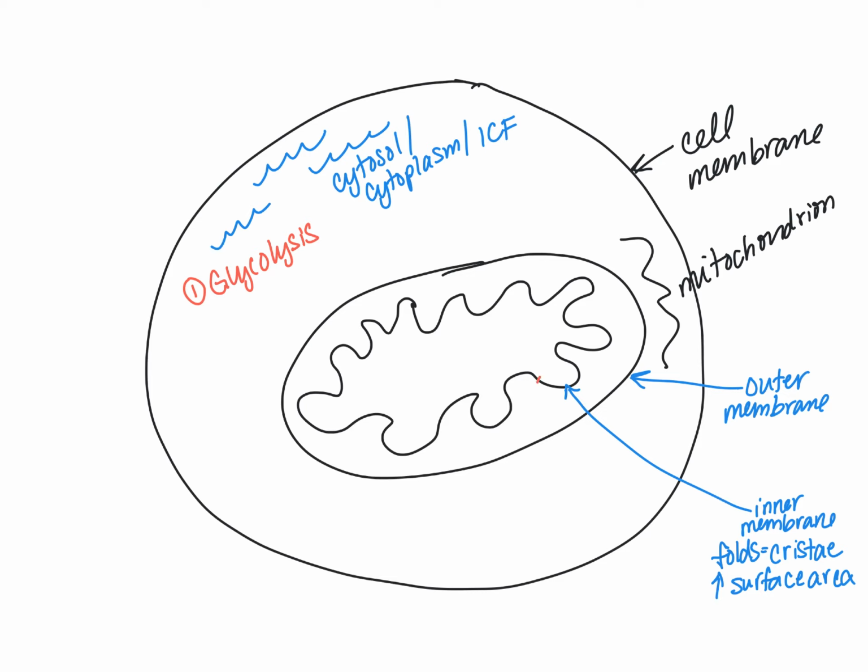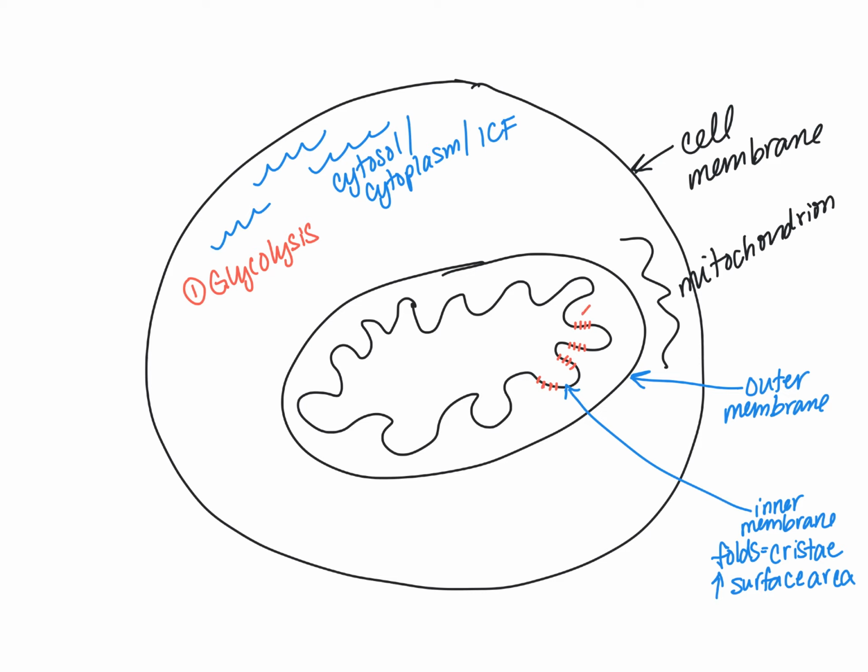So we can actually draw the electron transport chain. It is basically made up of these transmembrane proteins, these integral proteins that allow different substances to cross over that membrane. And so the more surface area we have, the more room we have for these electron transport chains.